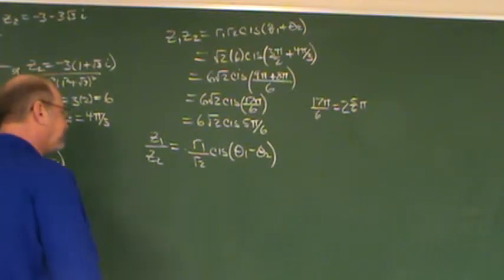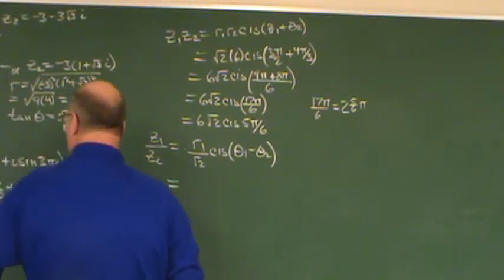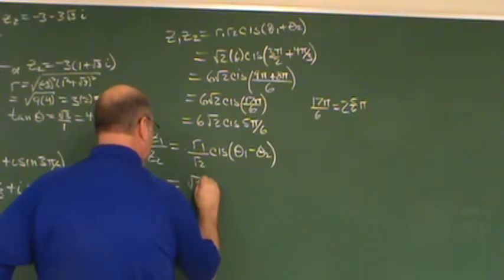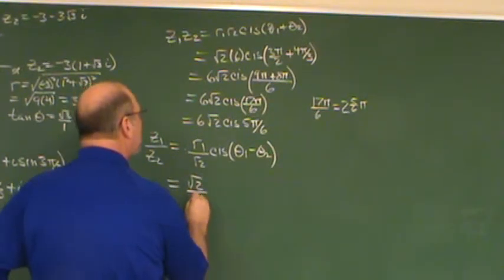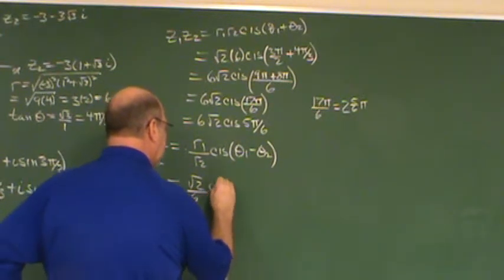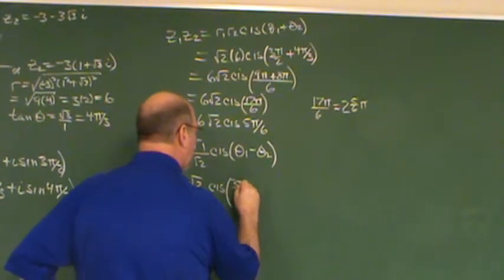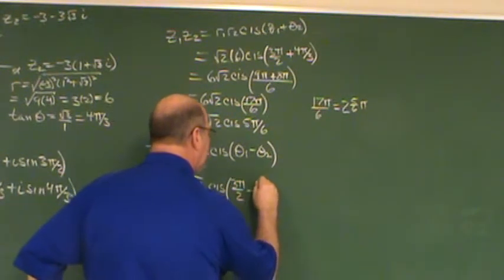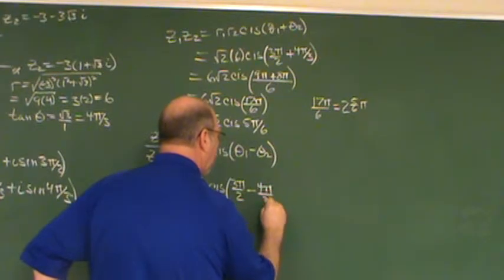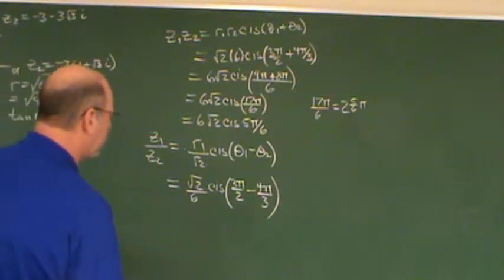Now, for this particular example, R1 is still the square root of 2, R2 is 6, and then we have CIS of theta 1, 3 pi over 2 minus 4 pi over 3. And pick a bad day to run off without a calculator.